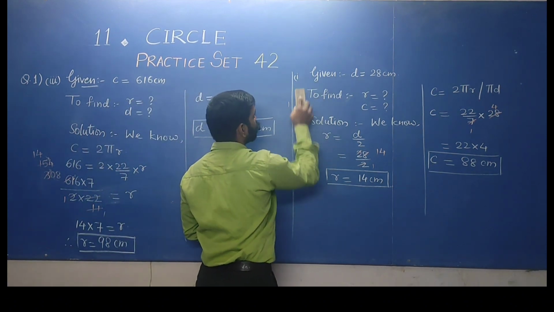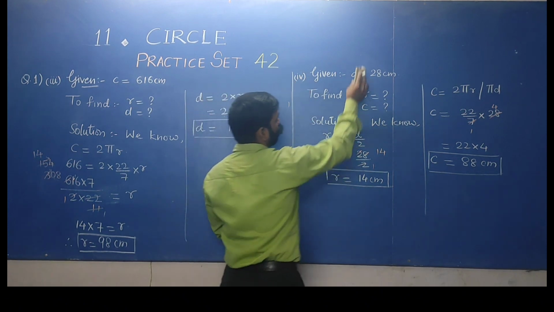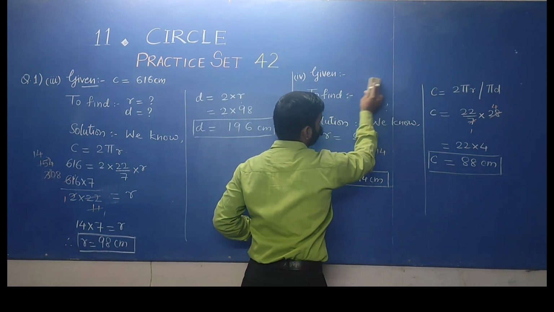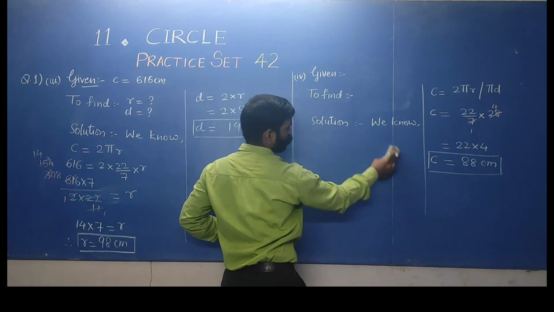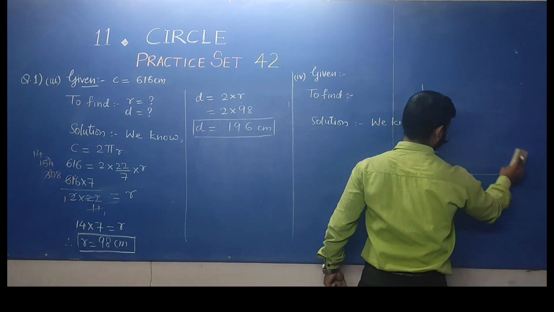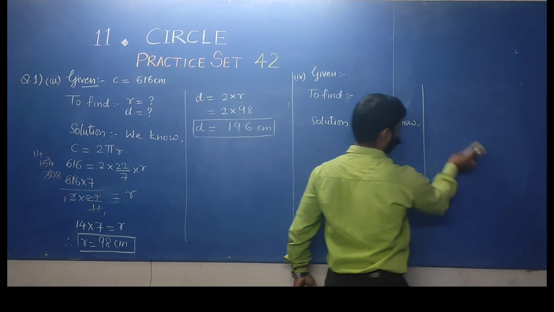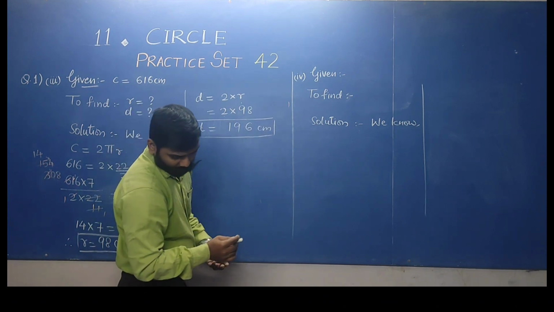Okay students, let me solve question number 4 in this format only. So I will be writing question number 4 here first, and we need to see what has been given.